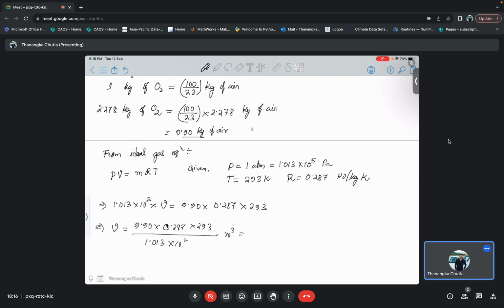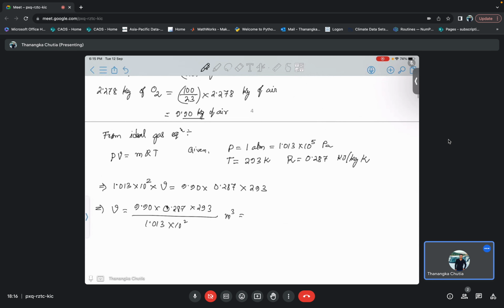So you will get your answer as 8.218 meter cube.